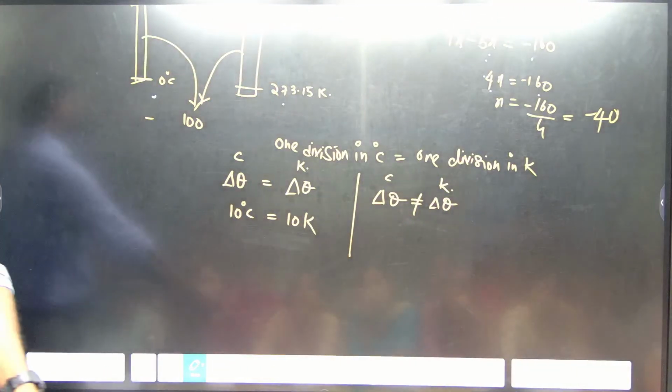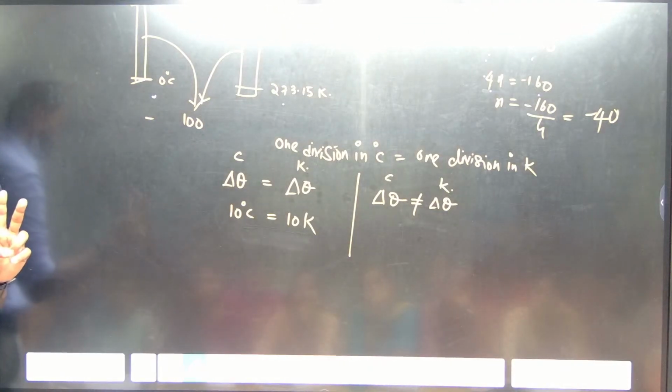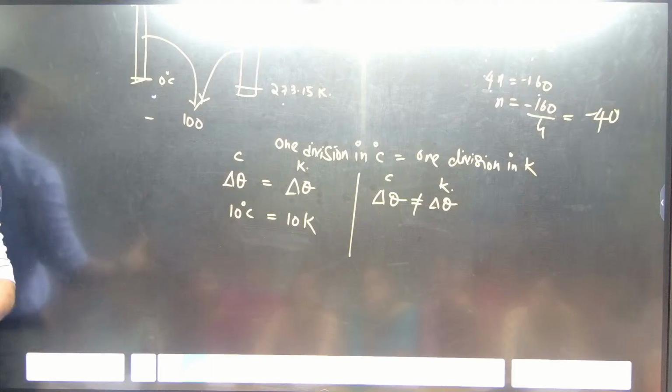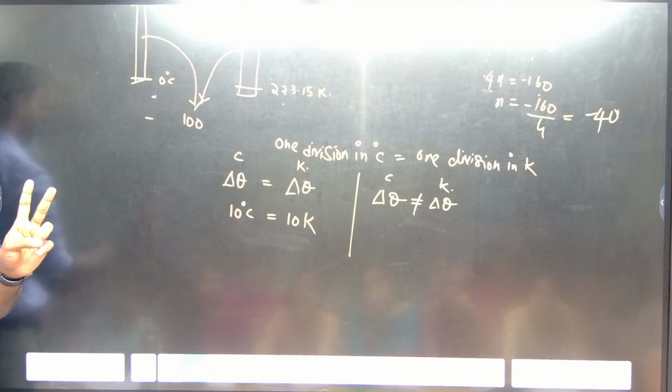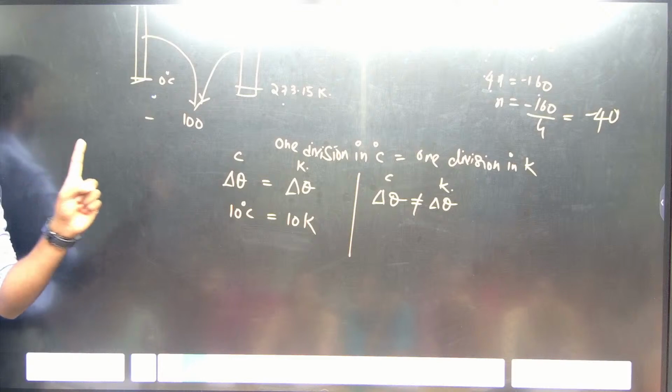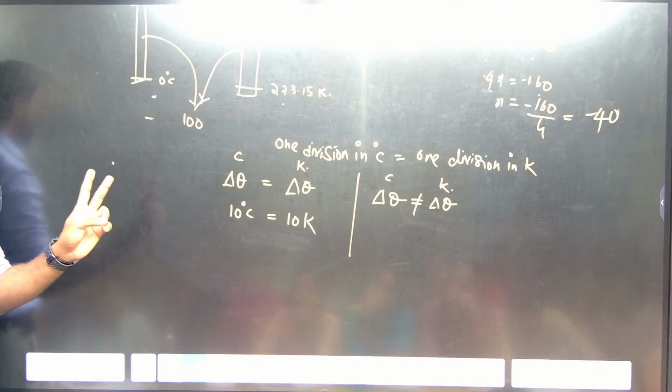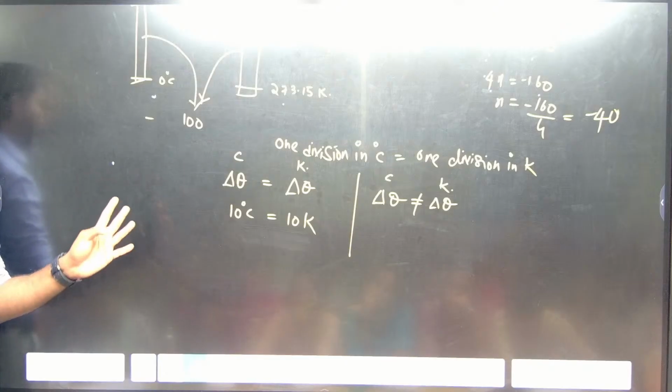Okay, 2 difference you know it, like if they mention from, both are equal. If they mention 2, both are not equal. Okay. In question, if they mention from, both temperatures are equal. If they mention 2, both temperatures are not equal. Okay. Know this difference.